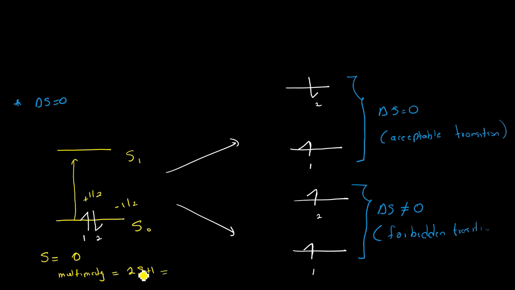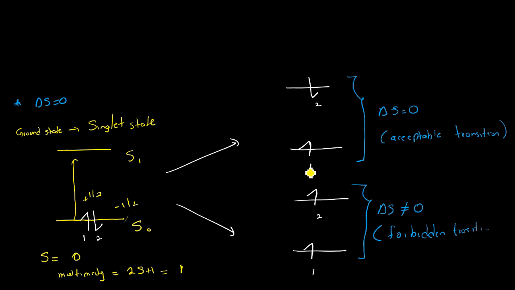Total spin is 0, so multiplicity is 1. So this ground state is a singlet state.